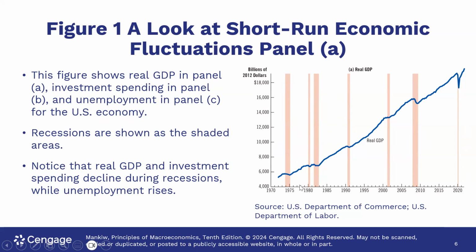All those shaded areas are the periods of recessions. You can notice that real GDP and investment spending decline during recessions while unemployment rises. You can see this kind of pattern occur time after time during each recession, a decline of real GDP, a decline of real GDP, a decline of real GDP.